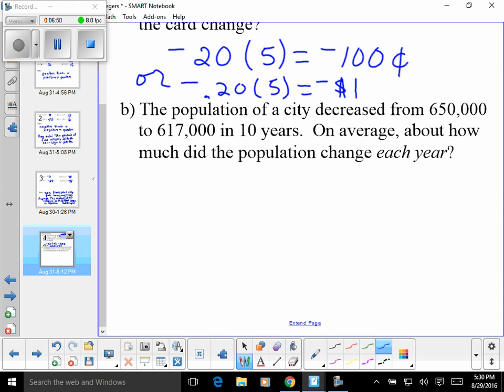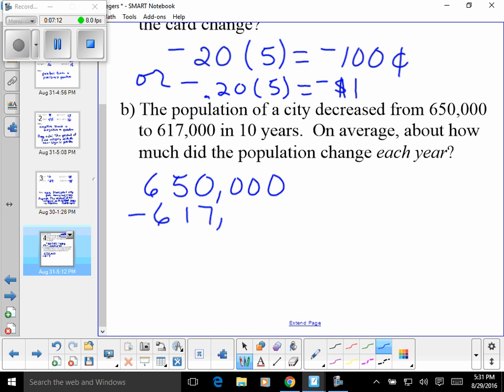Example B is a little bit more complicated. It's actually 2 steps. We know that the population of a city decreased from 650,000 to 617,000 in 10 years. So we have to find out how much of a decrease that is.